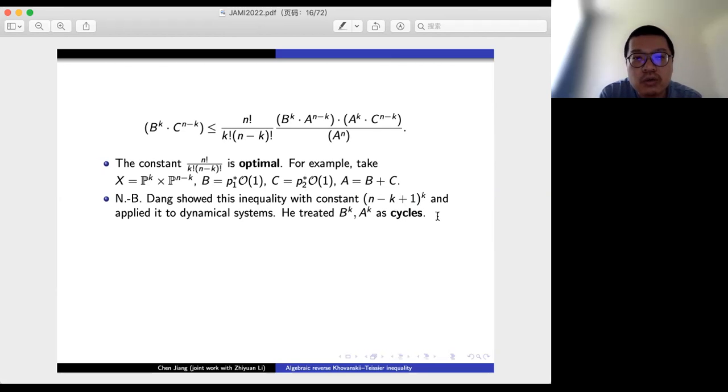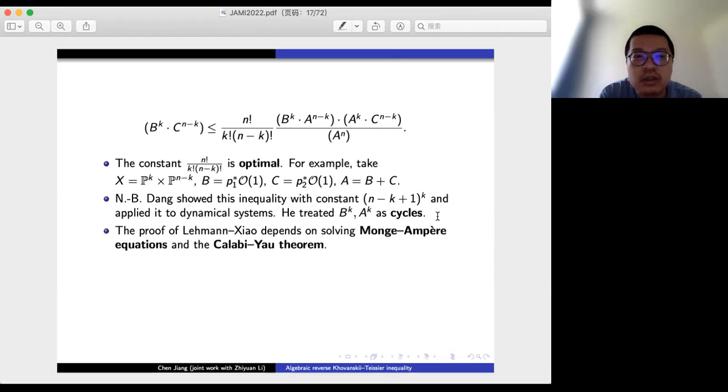Okay, and also let me mention the proof of Lehmann and Xiao and why it doesn't work for the algebraic case. So actually, their proof uses the Monge-Ampère equation and the Calabi-Yau theorem.